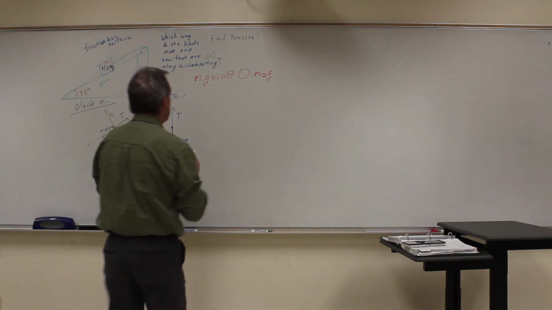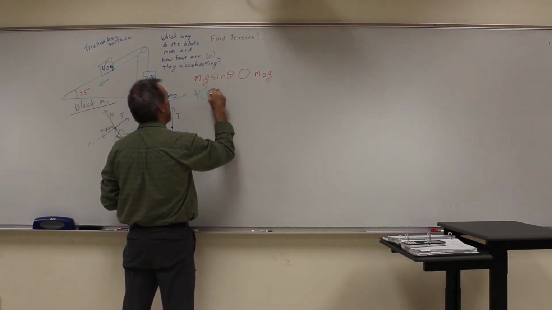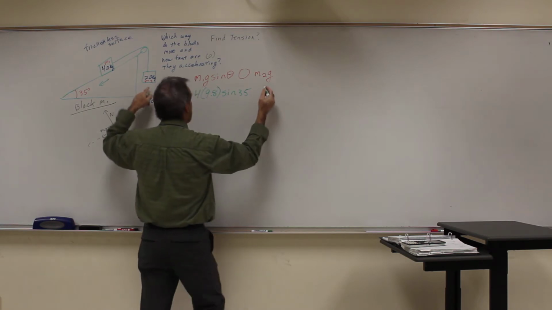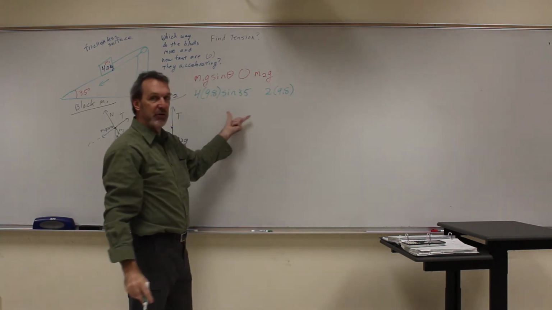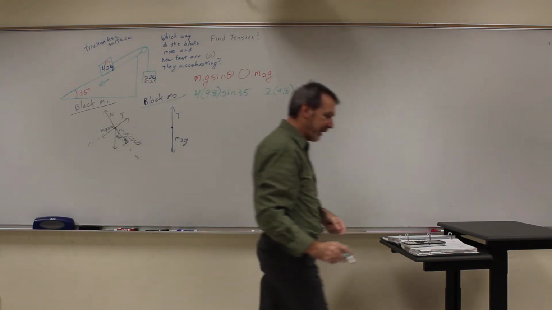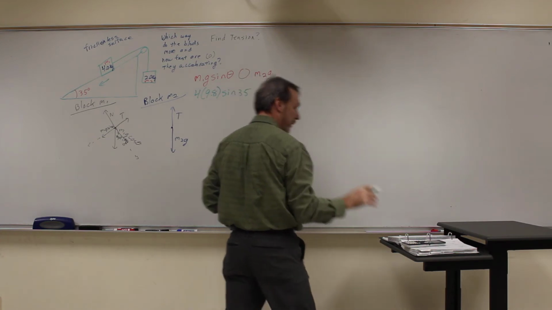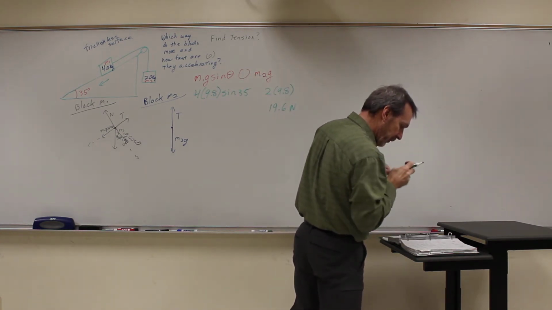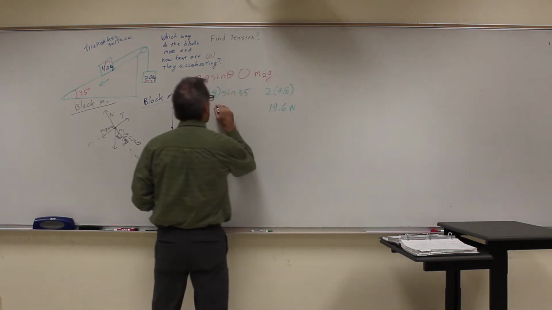We know these numbers, so I'm just going to plug them in. M1 is 4 times 9.8 times the sine of 35. M2g is 2 times 9.8. Let's just figure out which one's bigger. When we do that calculation, we get 19.6 newtons for M2g, and this over here is equal to 22.5 newtons.